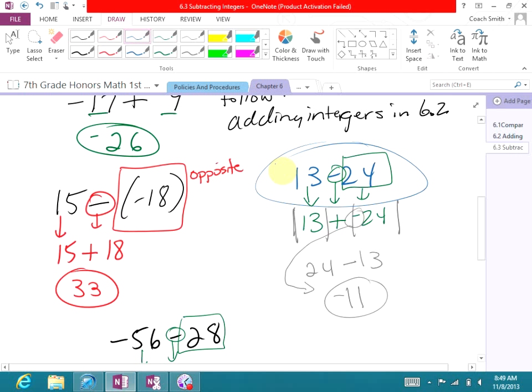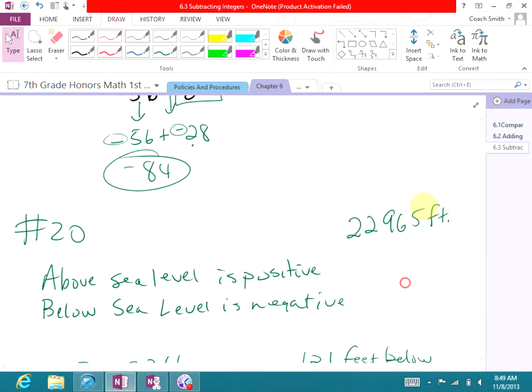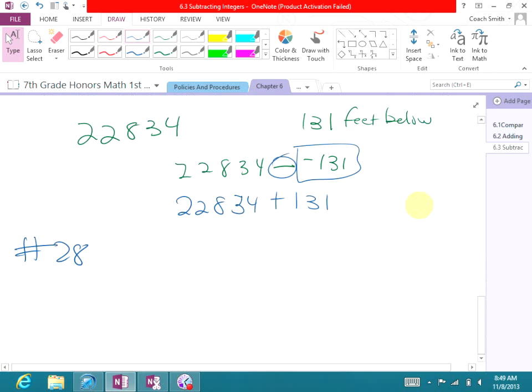That's the only reason you subtracted yesterday. Now, for example, if you had 24 minus 13, then yeah, you just end up subtracting them like normal. Laney, what'd you get?